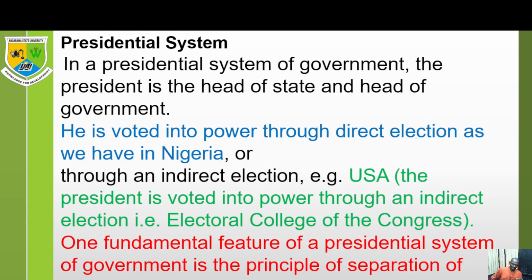And quickly, I would also want you to consider what a presidential system of government is. Students, we know very well that some of you are familiar with these concepts, but not in a formal way.